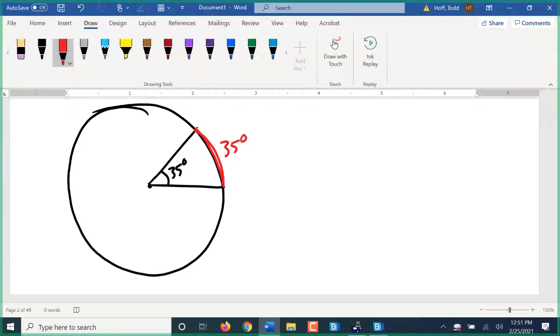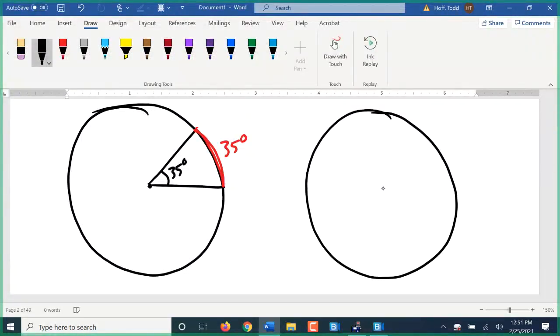But there are other types of angles that we can have in our circle. Let's put a little bit bigger angle here. Let's call this an 80-degree angle. That makes this arc out here 80 degrees.